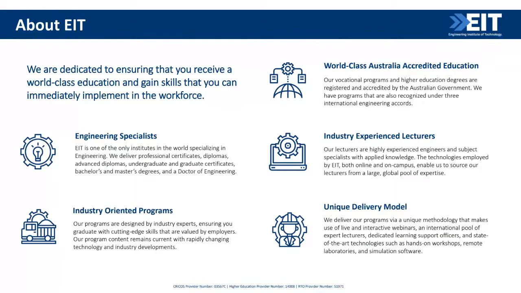We also have vocational courses such as diplomas and advanced diplomas, and we're also highly involved in the higher education sector. So we do offer undergraduate and graduate certificates, as well as bachelor's, master's, and recently a Doctor of Engineering. And for our higher education programs, we do offer online and on-campus options.